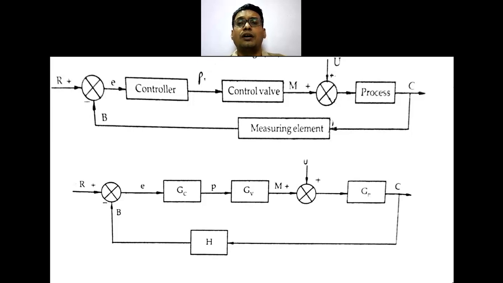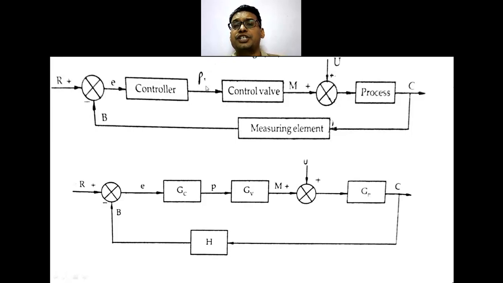This controller develops or gives the signal of pressure as the output from the controller. Here the I to P converter is incorporated in the case of a controller, and in the case of a measuring element, an analog to digital converter can be there.